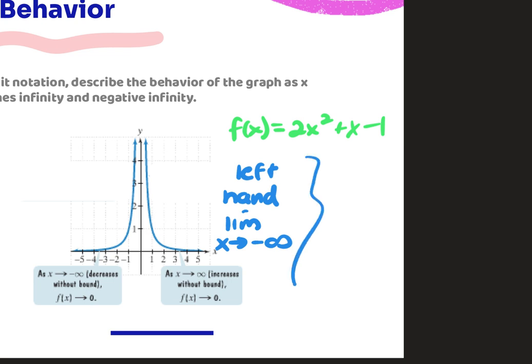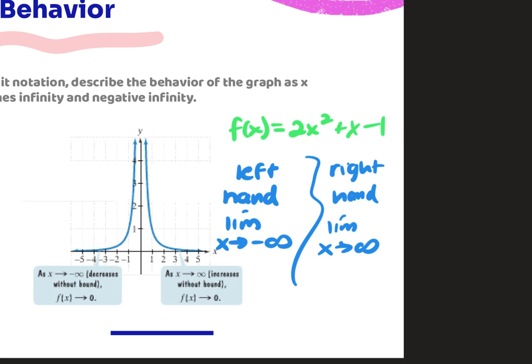And if I'm talking about right-hand behavior, the right side of your graph, then I would say the limit as x approaches positive infinity, because positive infinity would be on the right-hand side of the graph, okay? So that is how we describe end behavior.